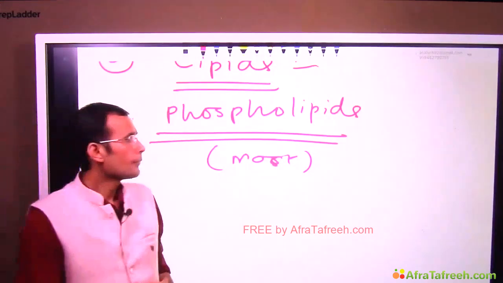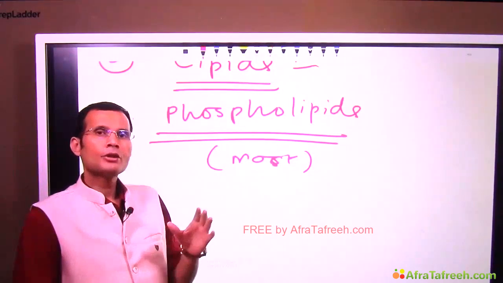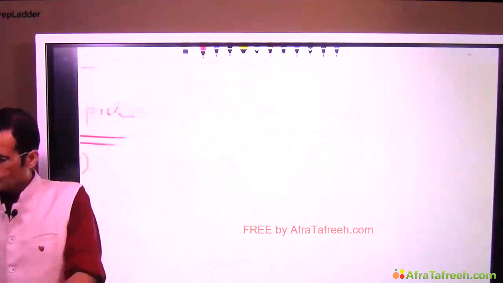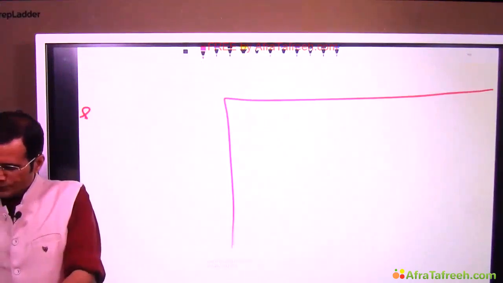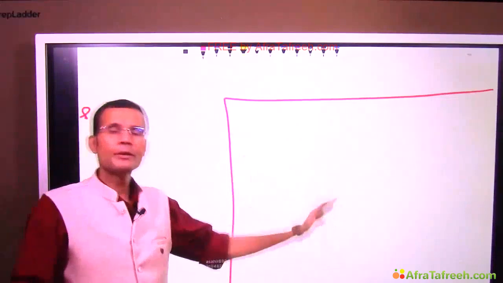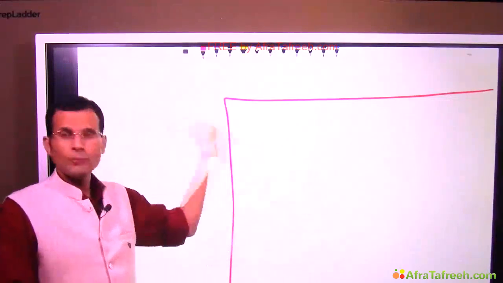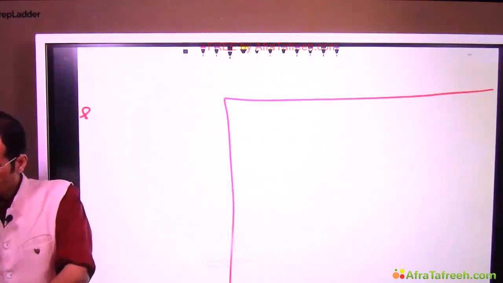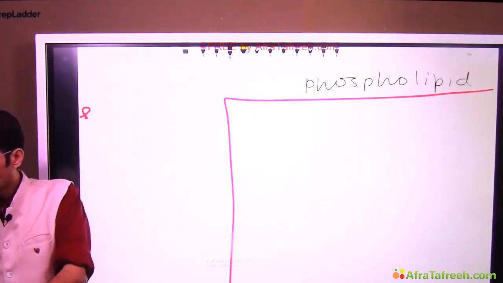And I want to tell you something about the phospholipids. This is just an additional point. It's about the phospholipids that I'm talking about right now, not about the membrane. So I'm writing it separately here. How the phospholipids behave.